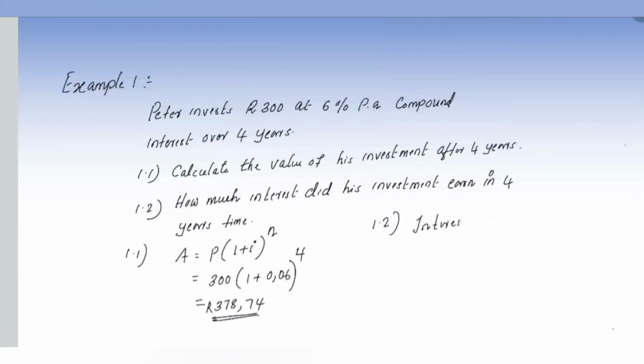Interest. So the final amount is R378.74 minus 300, right? So the answer is R78.74. That is the answer.